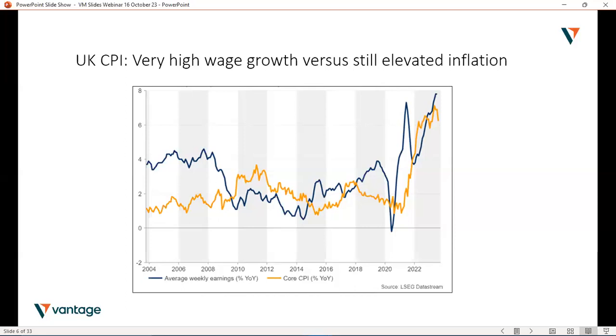So from a policy perspective, markets have still not completely written off the view that the Bank of England has one more hike in it, really. I think there's around 15, 16 basis points of further tightening priced in by money markets. So that's kind of above a 60% chance of a hike by March next year.